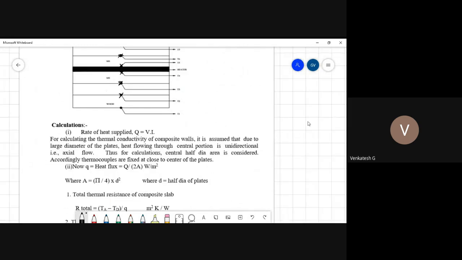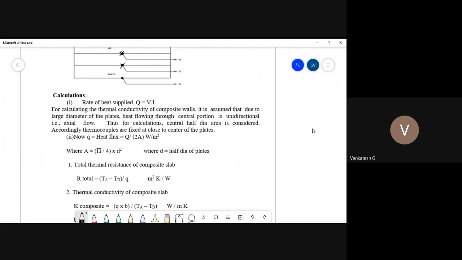Now coming to the calculation part. The Q we had supplied is 60.48 watts. Now coming to the heat flux, which is nothing but heat supplied per unit area, so Q by A gives us the heat flux.